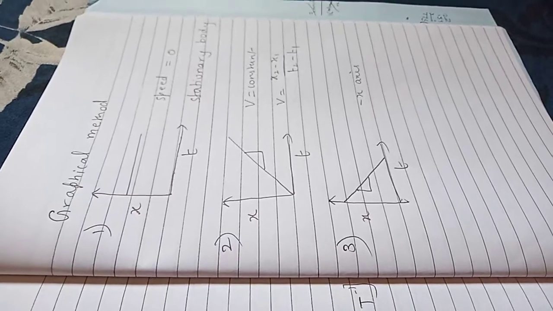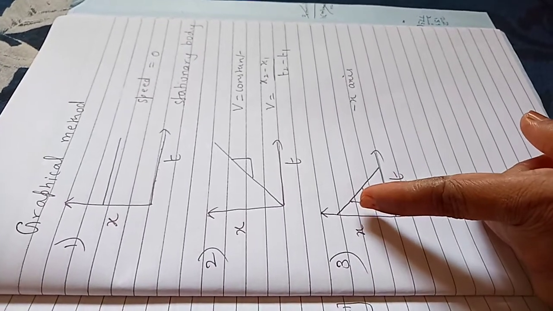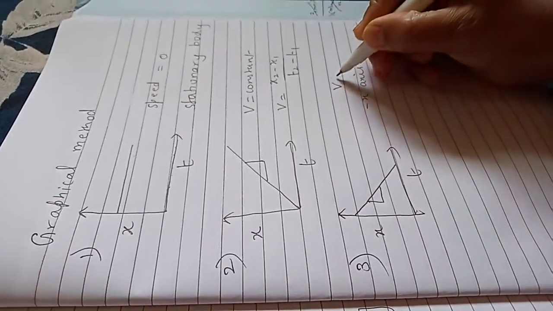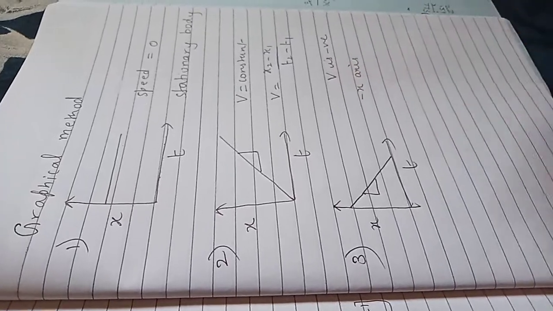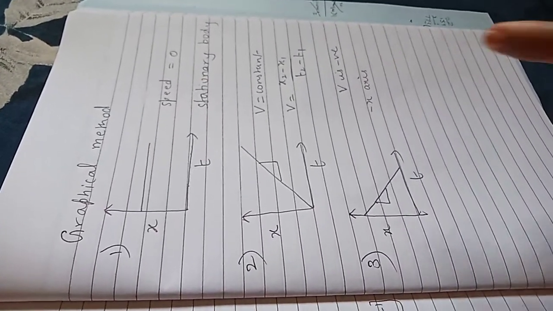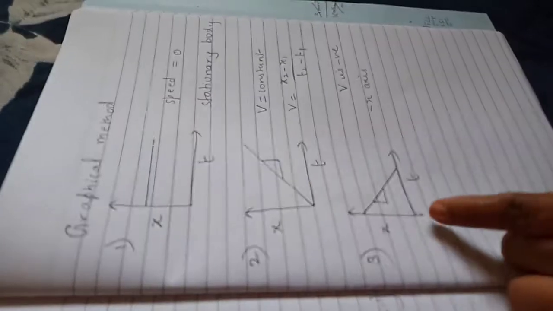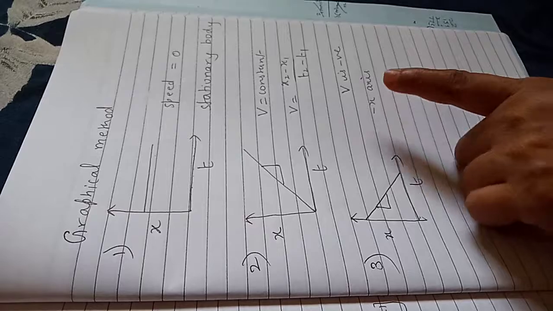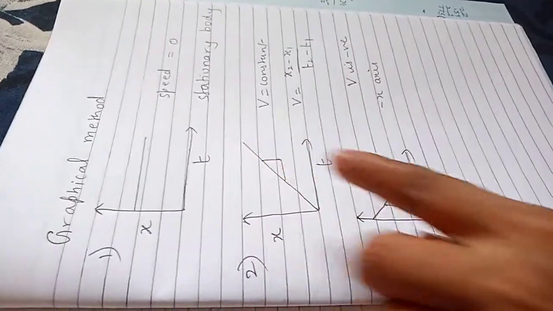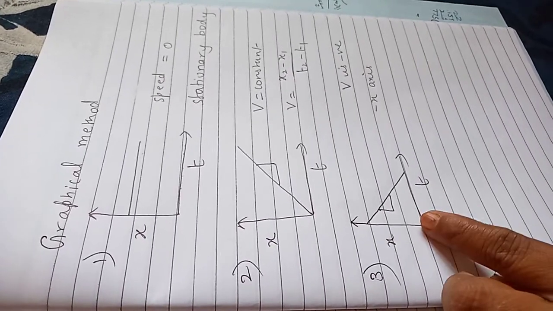When you find the slope of this graph, you get velocity as negative. Here velocity is positive because the body is moving along the positive x-axis. Here the velocity is negative because the body is moving along the negative x-axis, and hence the graph is exactly in the reverse way. Are you okay with this?